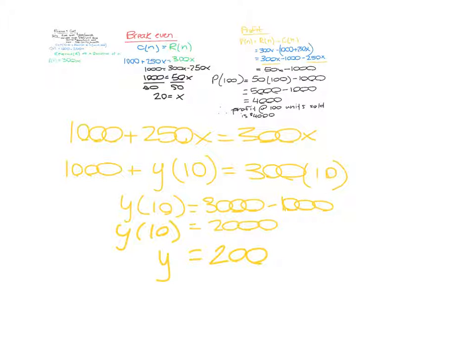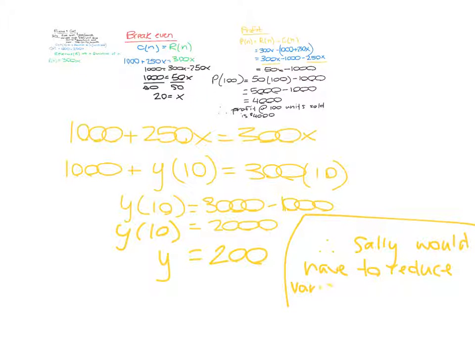So we can then write our let statement. Therefore, just box that off. Sally would have to reduce variable cost to $200 to break even at 10 units.